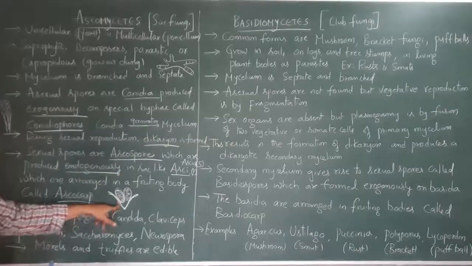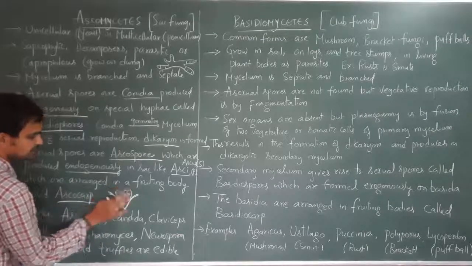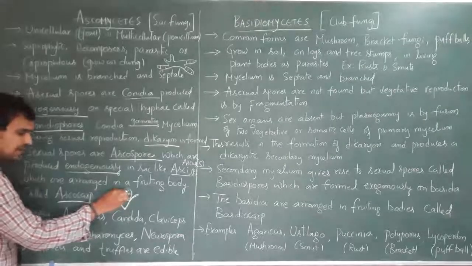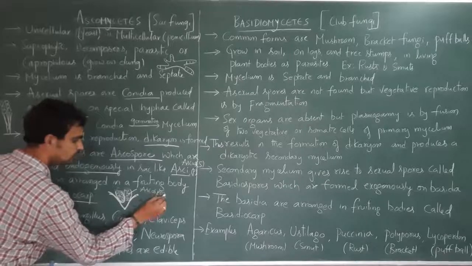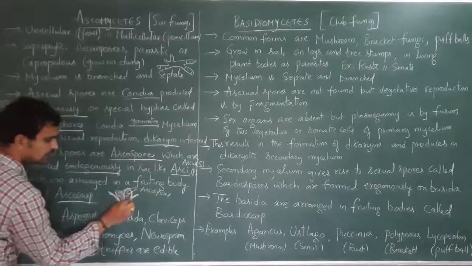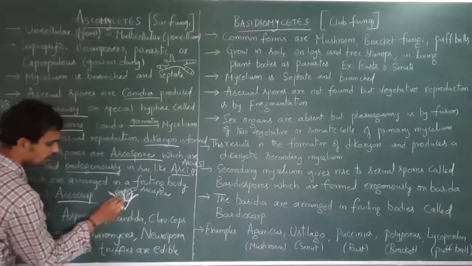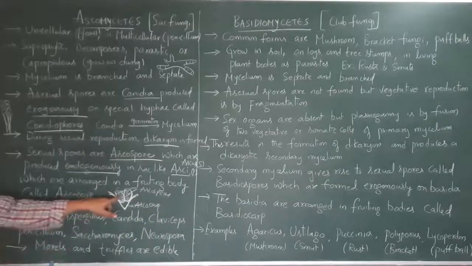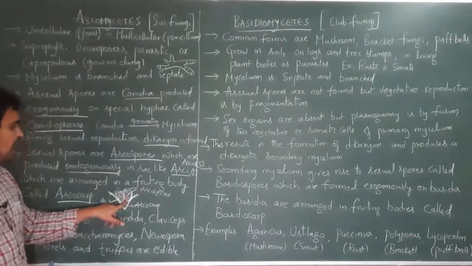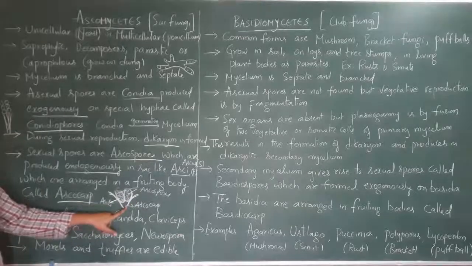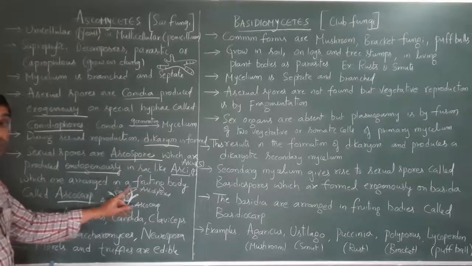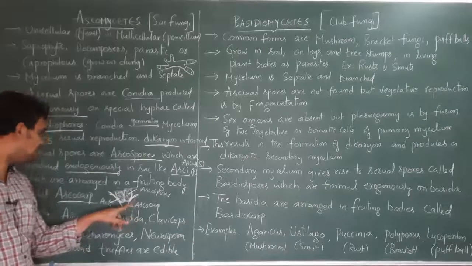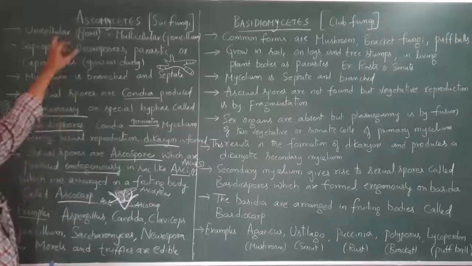So, the ascospores are present in the ascus, and the asci are arranged in a fruiting body called ascocarp. This is how the sexual reproduction takes place in case of ascomycetes.